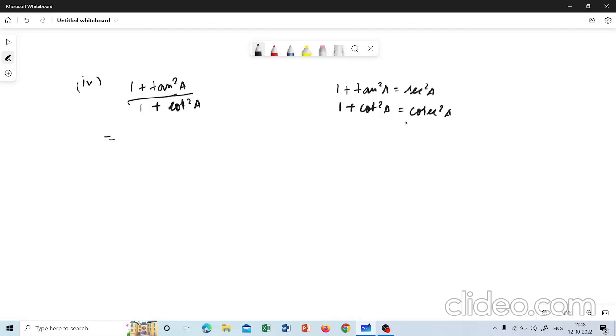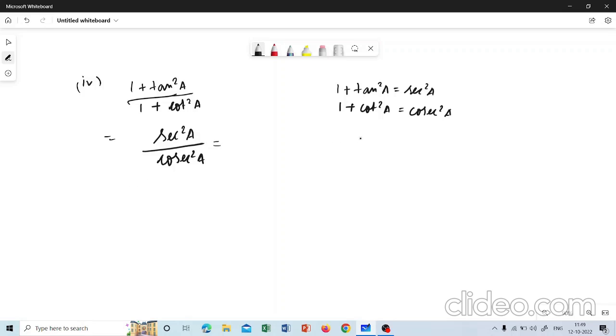Sometimes cosecant can be written as cosec A. So 1 plus cot square A is equal to cosecant square A. Now if I substitute directly, the numerator will be secant square A by the denominator, cosecant square A. Now no need to worry here, it is easy to simplify this.